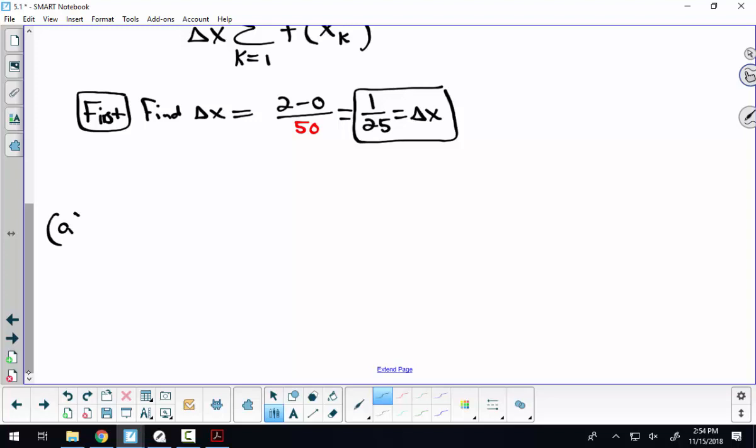All right. So part A was the right Riemann sum, and for the right Riemann sum, all of our x stars were defined as what? As a plus k times the change in x.